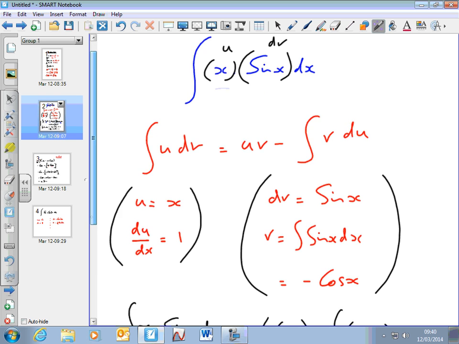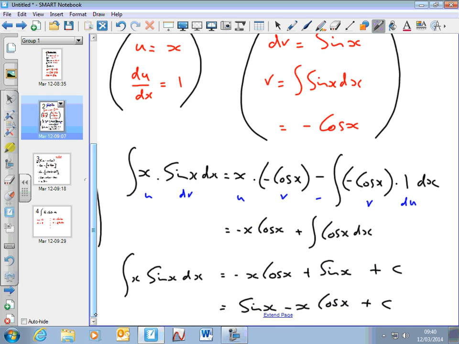So carrying on with the example, the integral of x sine x dx, our original integral, I'm going to call x u, and sine x dv, becomes x, which is u, times v, which is minus cos x, the integral of sine x is minus cos x, minus the integral of v, which is minus cos x, du. And this is the crucial bit, because that's just 1.